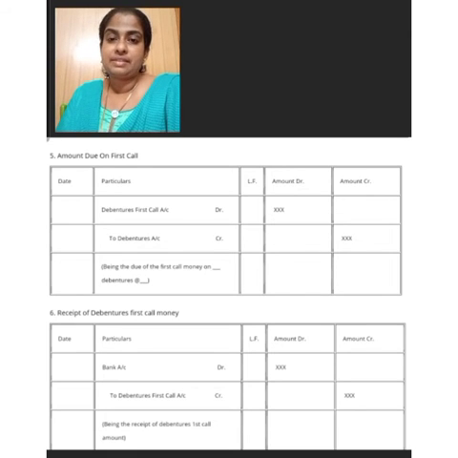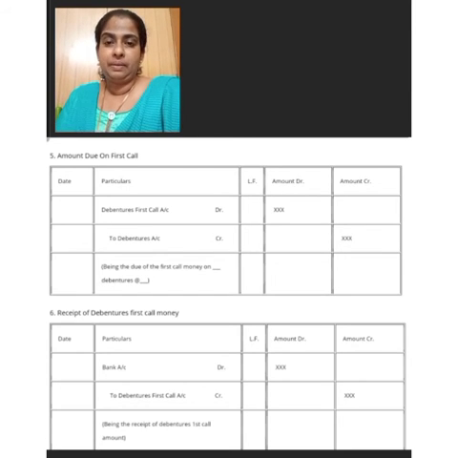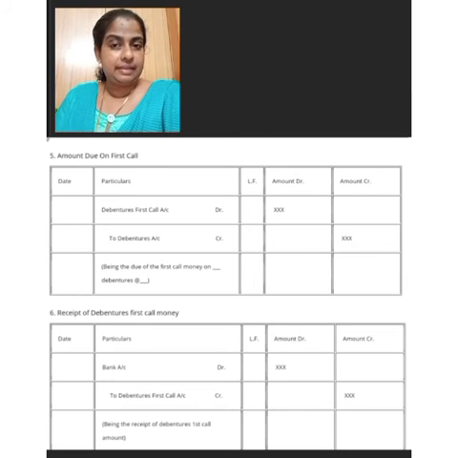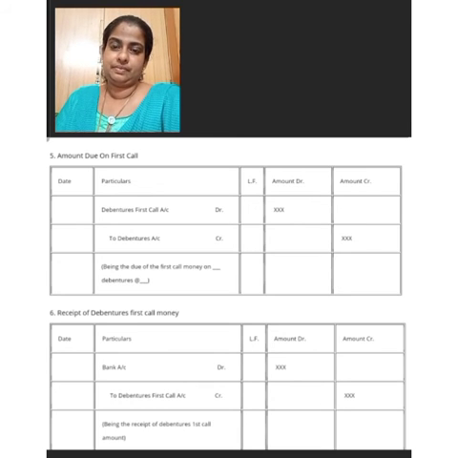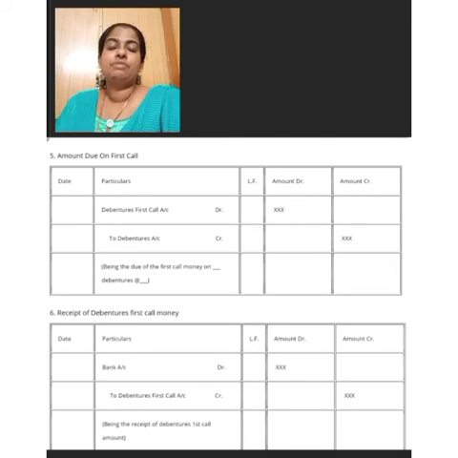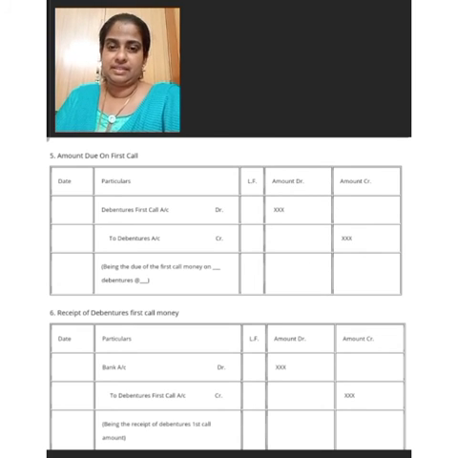Then at the time of receiving first call money, the amount will be 10,000 into 30, that is 3 lakh rupees, minus calls in arrears of 100 into 30, that is 3,000. The actual amount received is 3 lakh rupees minus 3,000, that is 2,97,000. This is the actual amount of first and final call money received.